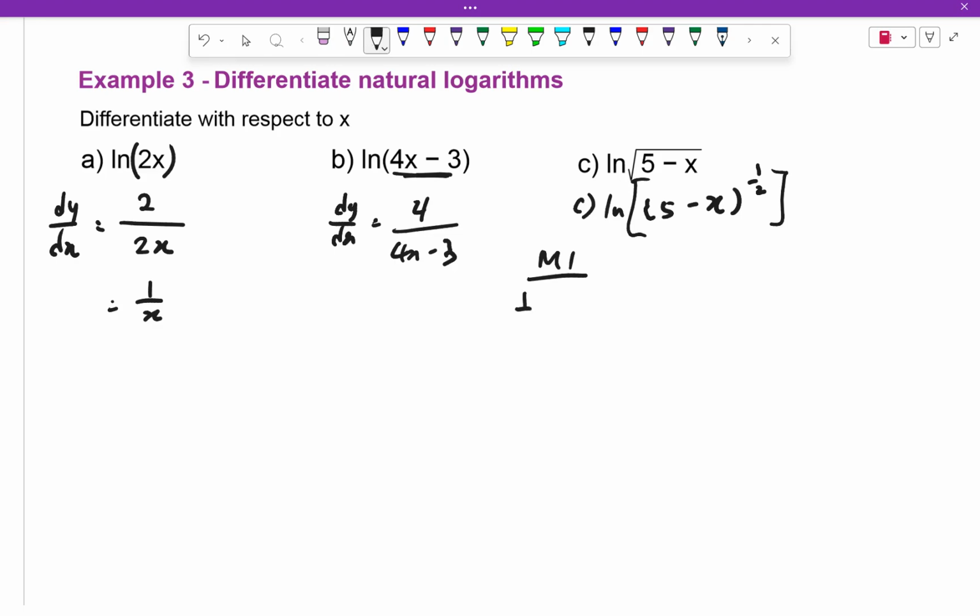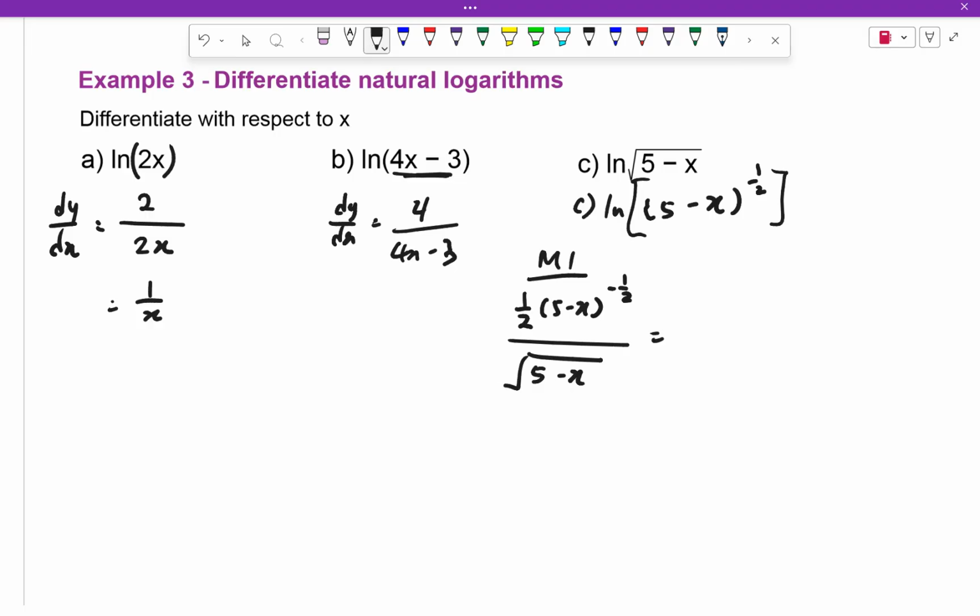So that becomes 1 over 2. And again, you have to use the chain rule twice in this case. So it will become 5 minus x to the power of negative half over the remaining part inside the bracket, which is the square root of 5 minus x.